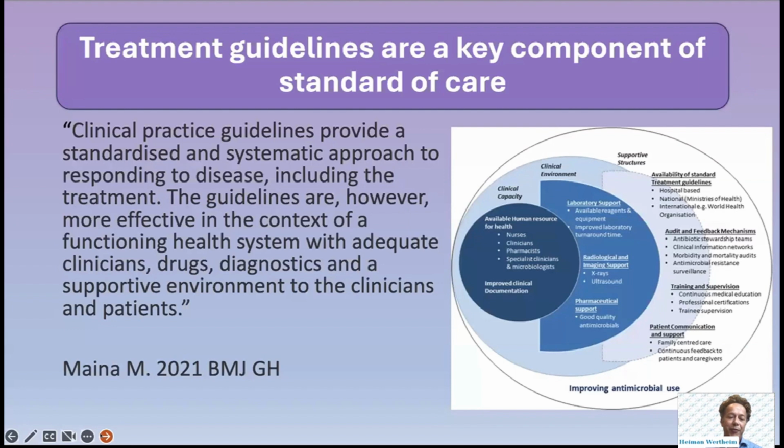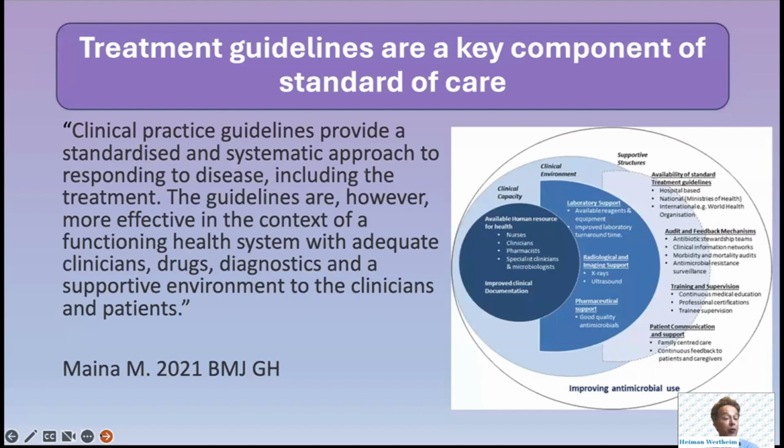There was a really nice paper in BMJ Global Health a couple of years ago, which says that a clinical practice guideline provides a standardized and systematic approach to responding to disease, including the treatment. But it's really about the context. So you should have a functioning health system with well-trained, adequate clinicians and nurses.